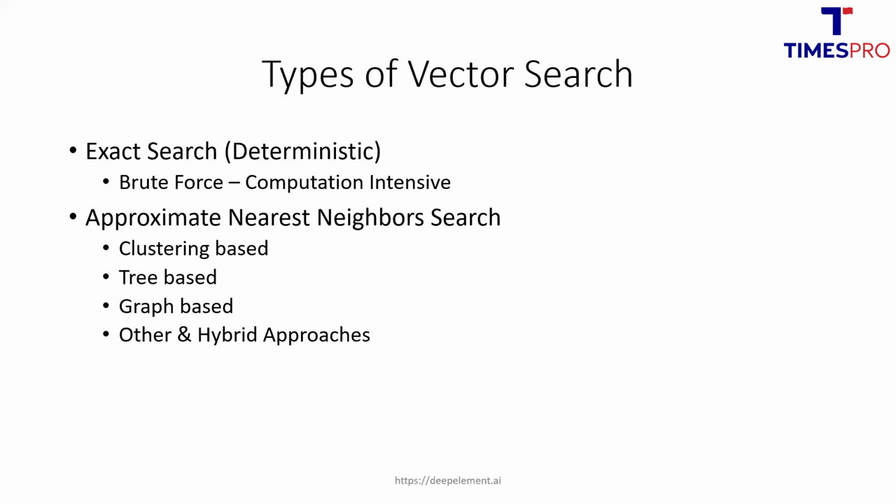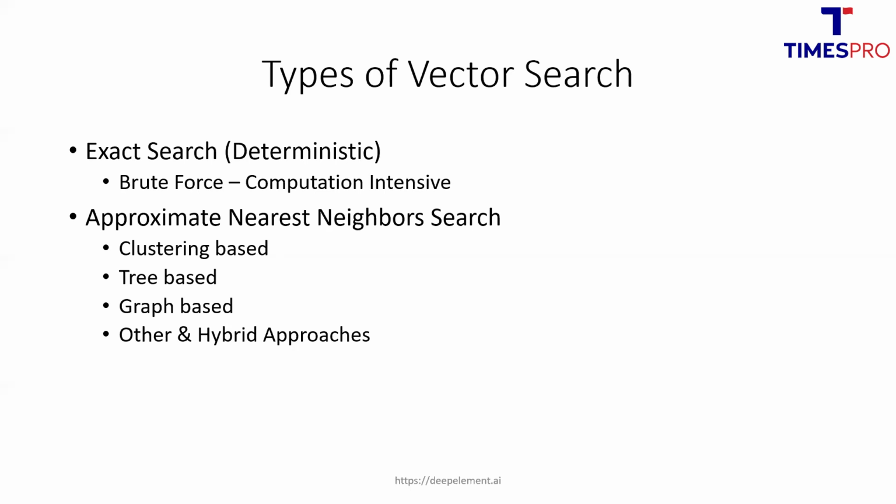Approximate nearest neighbor search algorithms come in various flavors. There is a very large list, but these are the most common ones. Again, these are not individual algorithms. Clustering based is not an individual algorithm; there are many clustering based algorithms. There are many tree based algorithms.